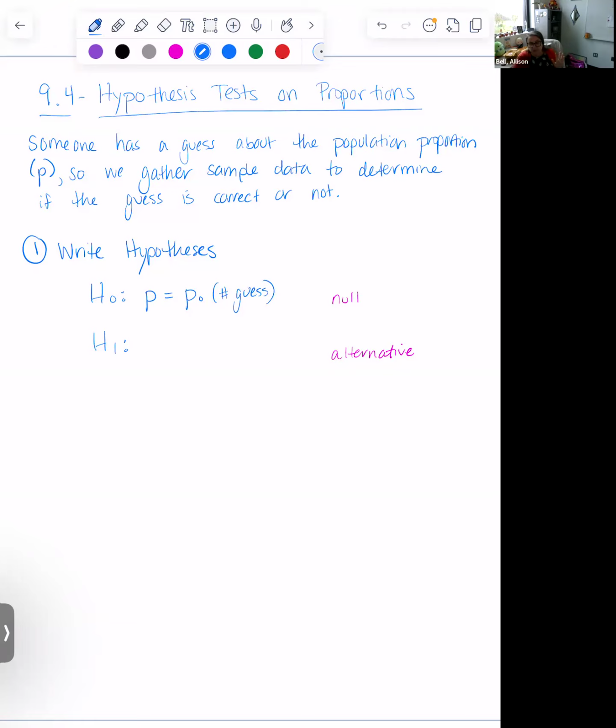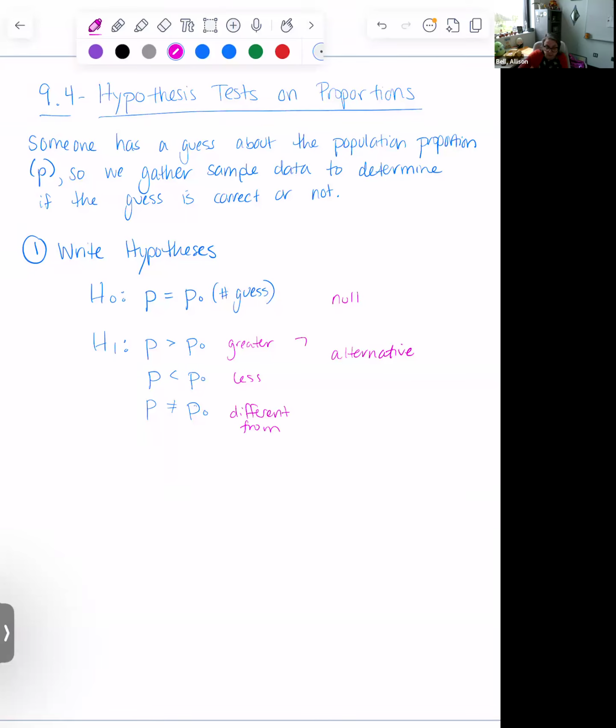And then our alternative has the same idea as it did in section 9.3. We have three options. Either P is greater than the guess, P is less than the guess, or we just think it's different from the guess. So it's greater, less, or different from. Those are our three options.